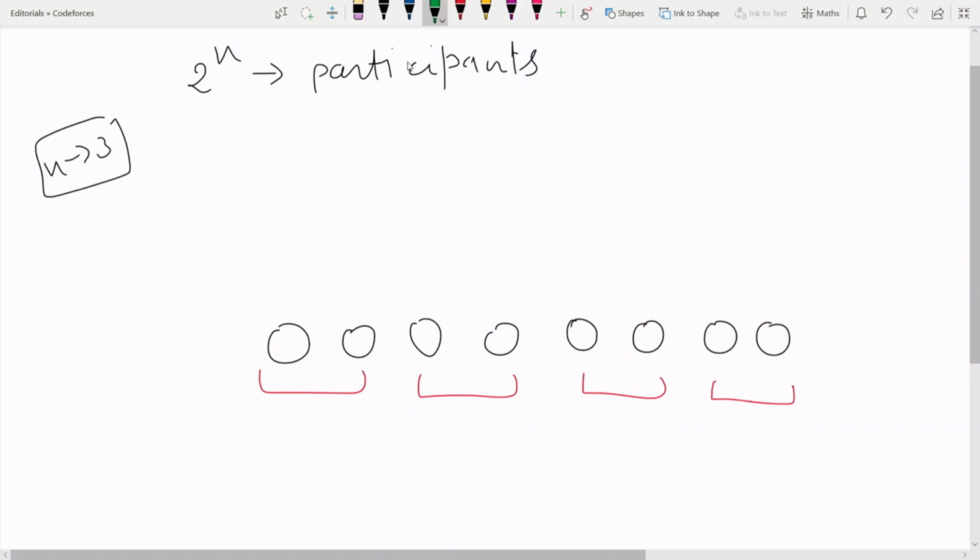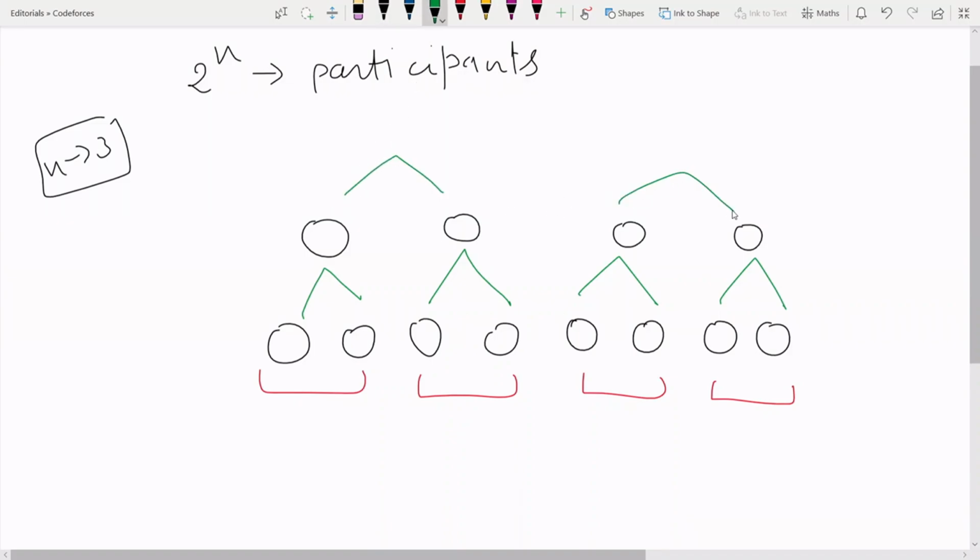One of each pair wins and the other is eliminated from the tournament. Again they participate, one of them wins, one of them wins, and again they participate, and one of them wins.